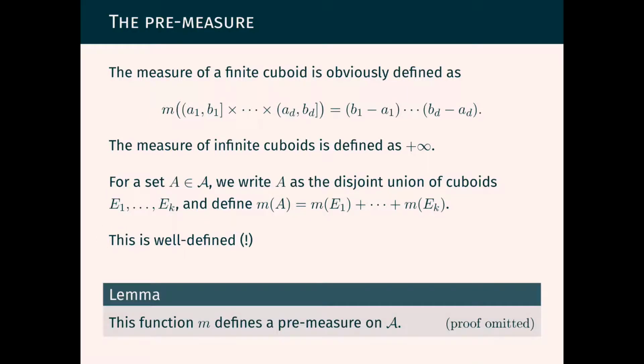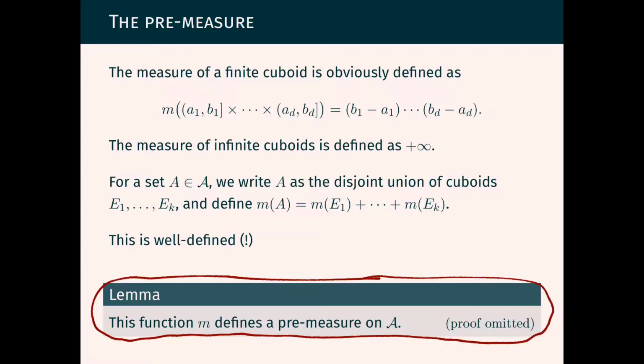And a lemma, we will omit the proof of this lemma, is that this measure M, this finitely additive measure that we defined on that algebra, turns out to be a pre-measure, from which we can apply the Carathéodory extension theorem and conclude the existence and uniqueness of the Lebesgue measure on the space R^d with the sigma algebra, the Borel sets of R^d.